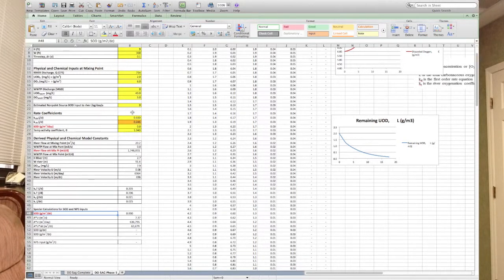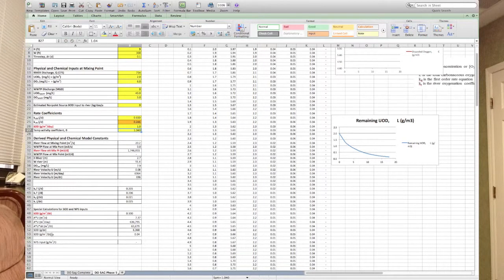Once we've entered our SOD, and I'm going to just enter 1 over here, we have an SOD in terms of grams per meter squared per day. SOD in terms of my time step would be simply my SOD times my time step.